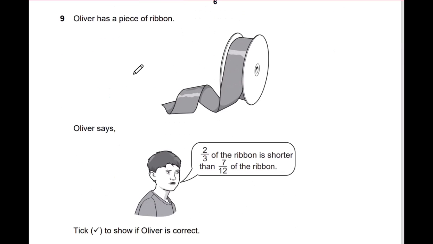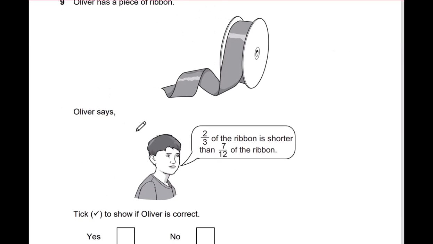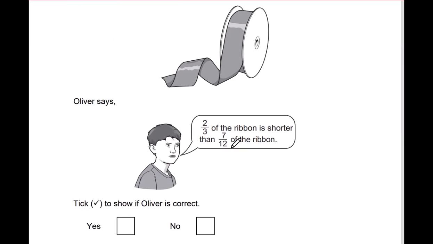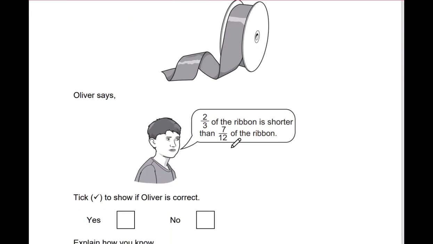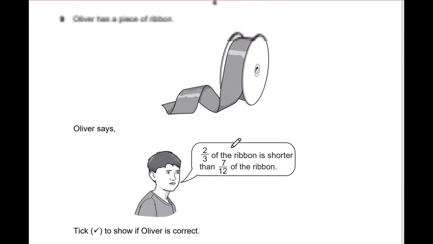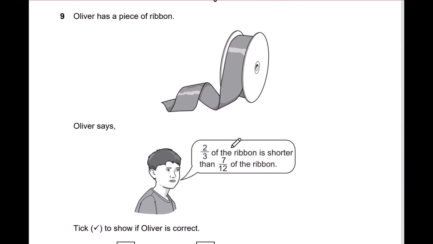Oliver has a piece of ribbon. Oliver says that 2/3 of the ribbon is shorter than 7/12 of the ribbon. So now, tick to show if Oliver is correct. Yes or no, explain how you know your answer. Okay? So, time up. If you have not finished, you may pause this video.